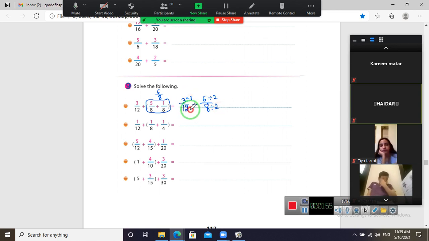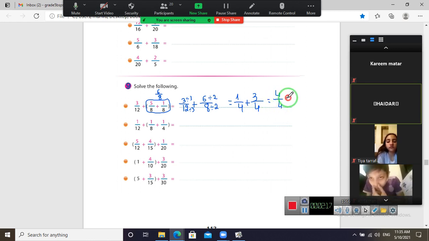It's easier when I have smaller numbers. Equal 1 over 4 plus 3 over 4. Now I have the same denominator. I can add them. It will be 4 over 4, equal to 1.